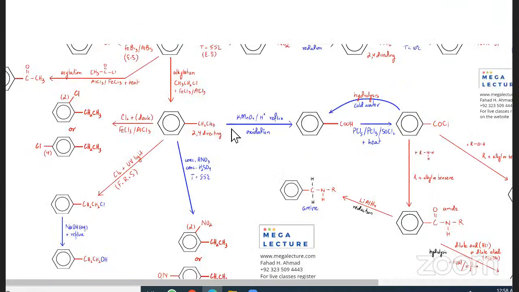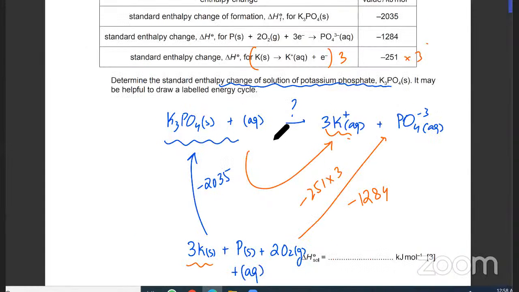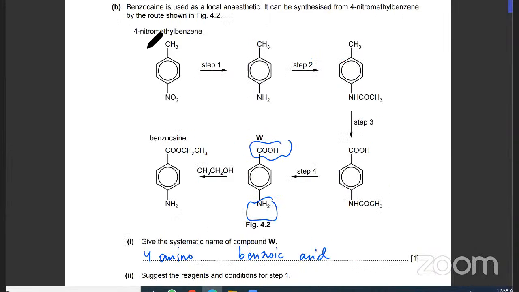Starting with the first one, this was this part, 10 plus concentrated HCl, right? And then you had the NH2 turning into an amide. How do you make an amide? Like this is NH2.